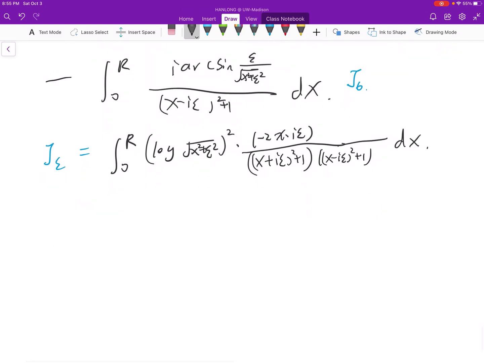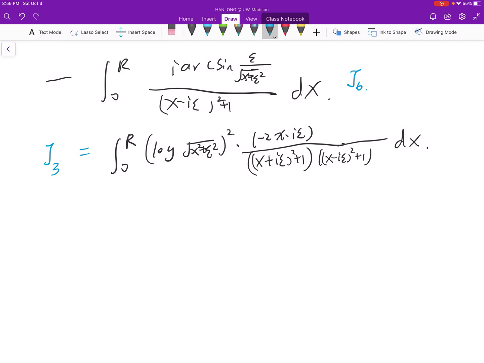And now we want to estimate its limit when r goes to infinity and ε goes to 0. So our purpose is to show that the limit is 0.